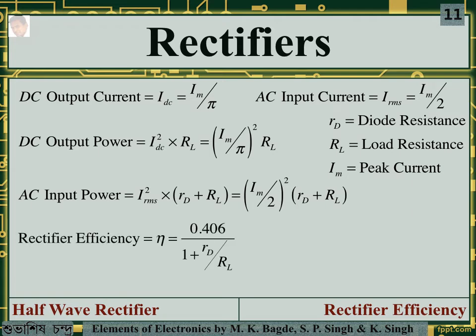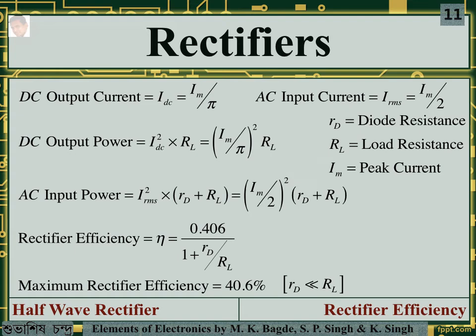So the rectifier efficiency, according to the formula that we have seen, that is DC output power divided by AC input power, we get 0.406 by 1 plus RD by RL. Now, if this diode resistance RD is very less than load resistance RL, then the maximum rectifier efficiency for a half wave rectifier is 40.6%.